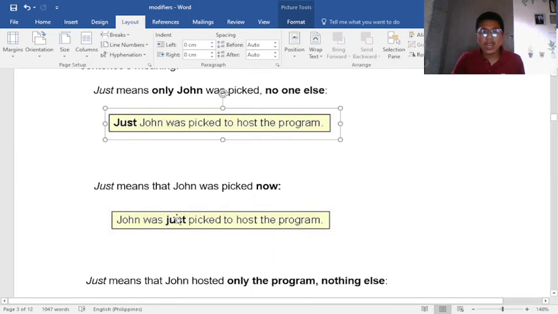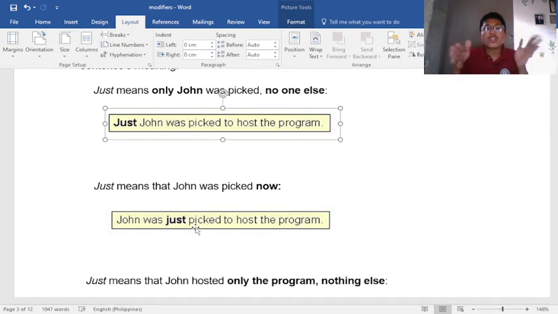Example, John was just picked to host the program. So John recently or at this moment is being picked to host the program. So just here refers to at the moment.